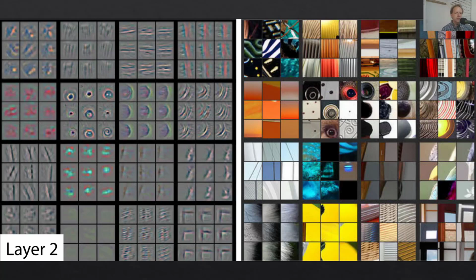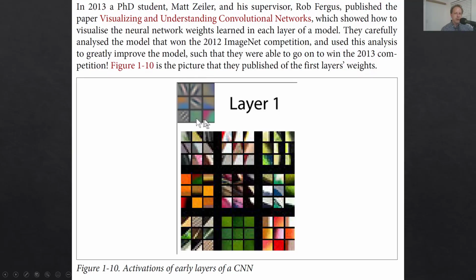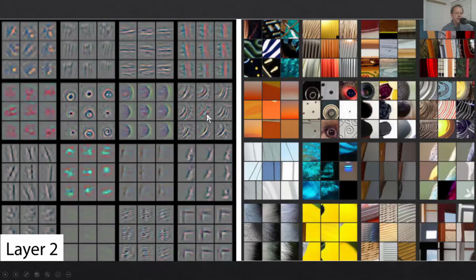Layer 2 takes the features of layer 1 and combines them. So it can not just find edges, but can find corners, or repeating curving patterns, or semicircles, or full circles.